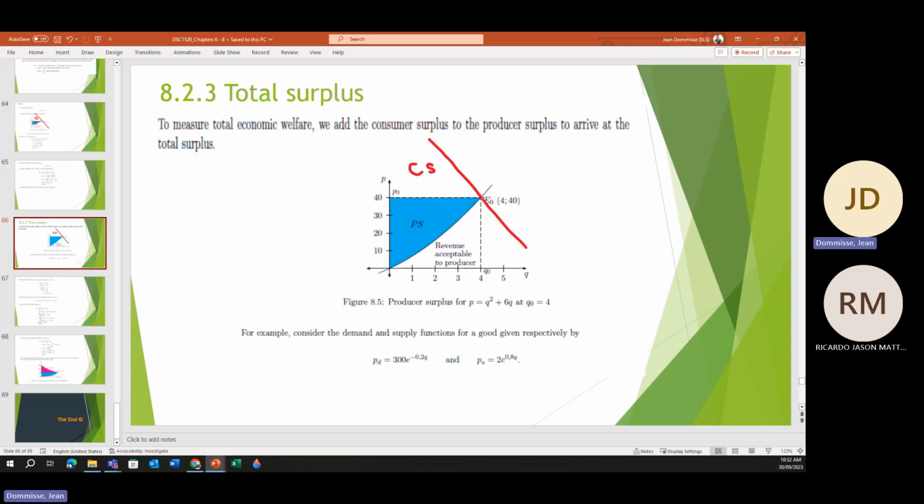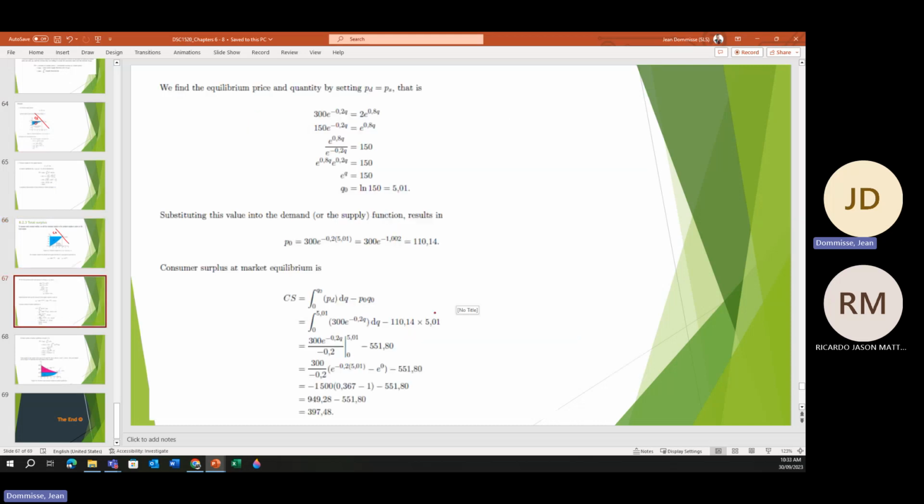So you will work out this total area. In this instance, it would have been between the 4 and the 40. So here you would have done it for that area.